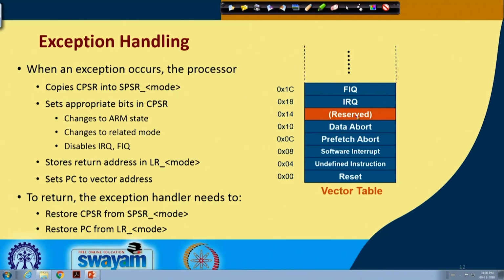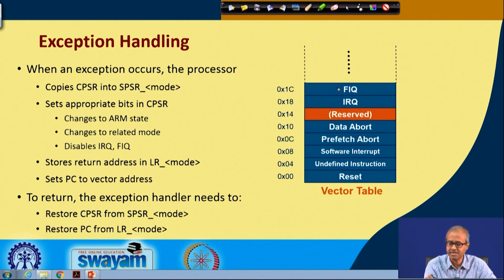If it is, let us say, FIQ, then at 1C there will be an instruction which will be jumping to the interrupt handler for FIQ, and so on. These are all one word instructions that are stored in the vector table. These are not addresses of the routines; it is the actual instruction that is stored here.